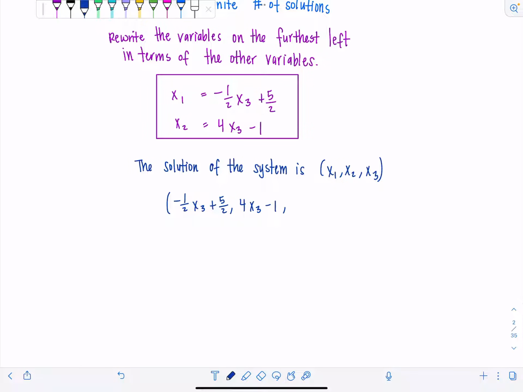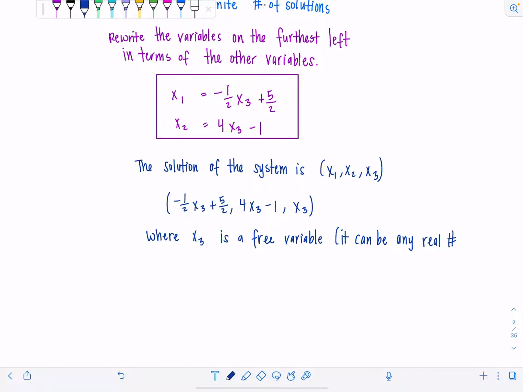And x3 is itself, x3. So we say that x3 is a free variable. The other 2 variables are defined in terms of it. So it means it can be any real number. And then you would find x1 and x2 based on what x3 is equal to.